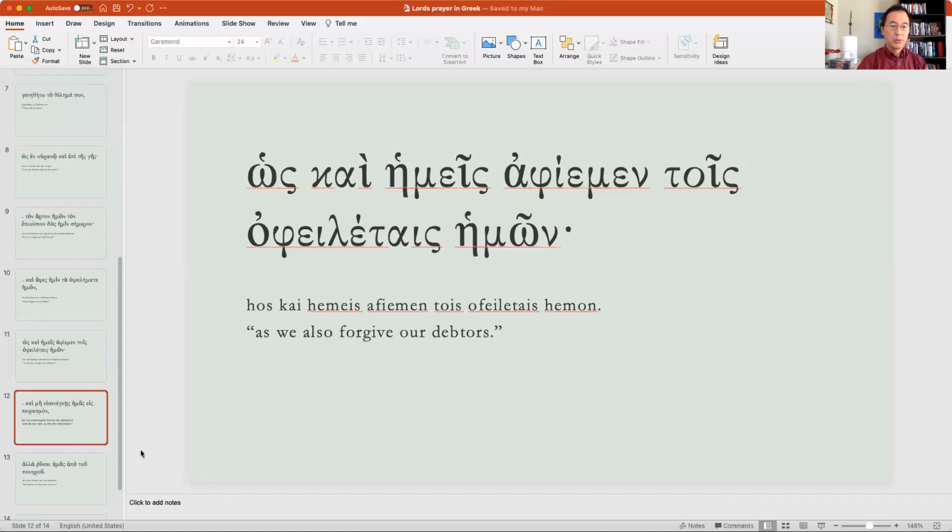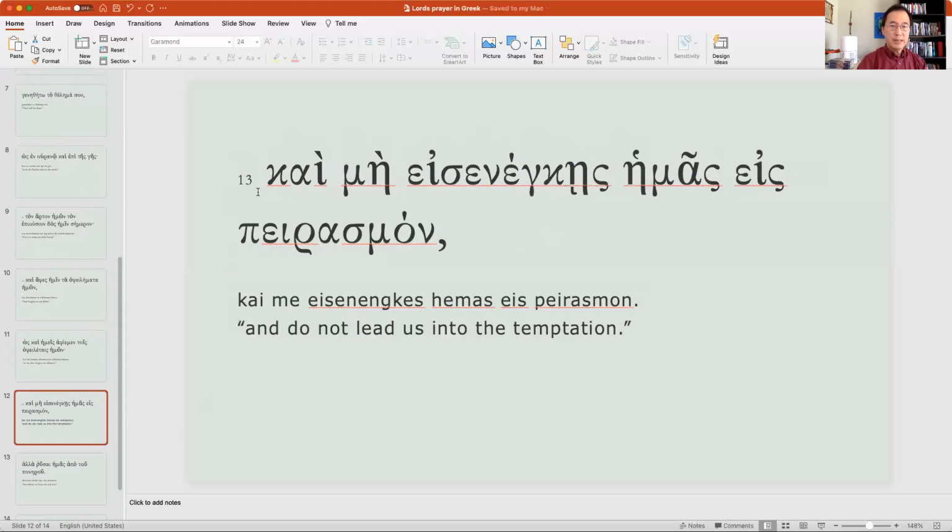Now, two more. Verse 13. Listen. Kai me eisenenkēs hēmas eis peirasmon. Kai me is a negation. Me, do not. Me eisenenkēs. It's a little long, but don't worry.